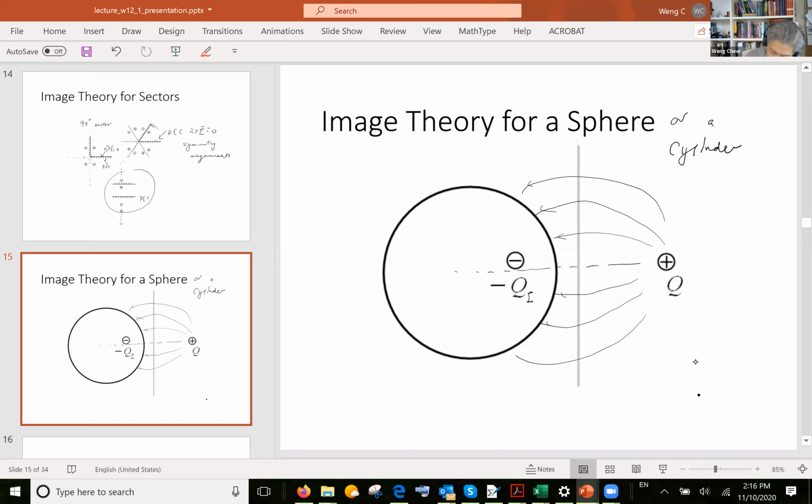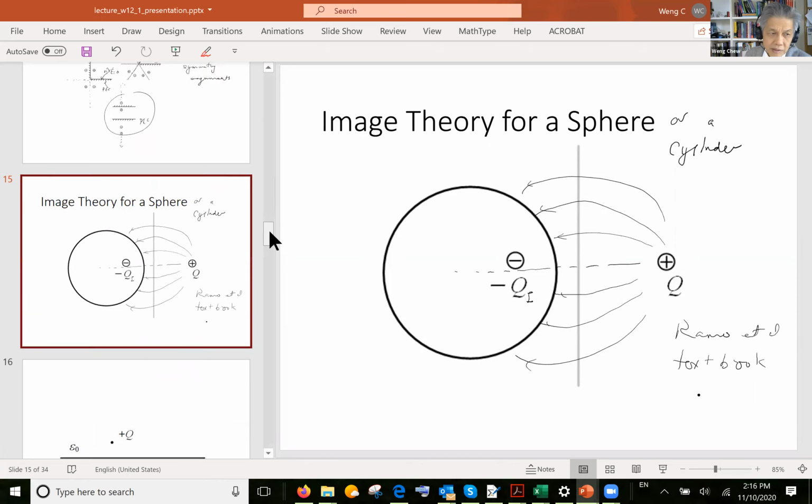Okay, the argument is given in Ramo's book. I don't hold you responsible for this, but you should be aware that the solution is there. So next time, if you need to find the solution to this problem, you can know that you can find it in Ramo's book. Okay.